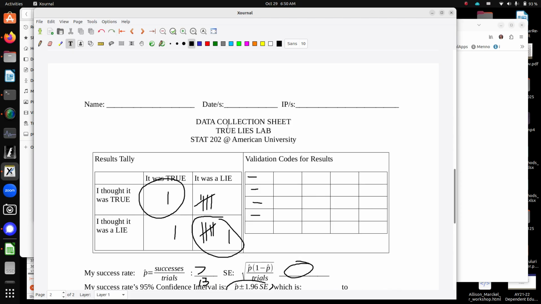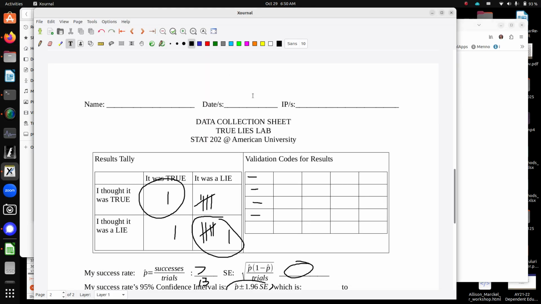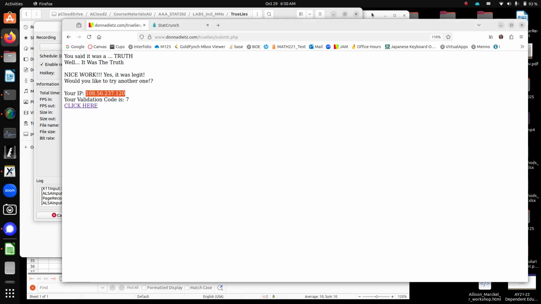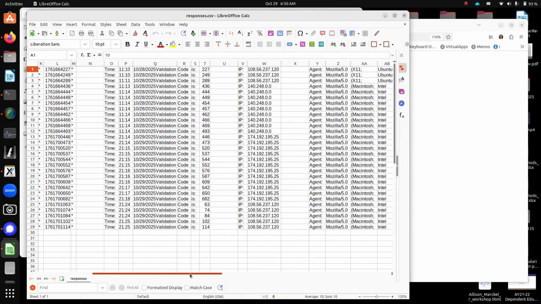Okay, make sure you put your date and your IP address. Don't forget your IP address. So what's going to happen when I go to grade is, okay, whatever today's date is, 10/29/25. There we go. And so then when I go to grade your lab, I'm going to look at this file. This is just me doing this.